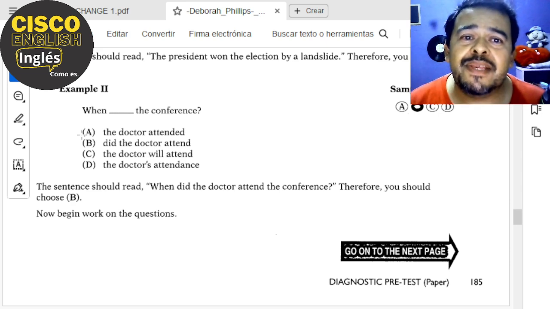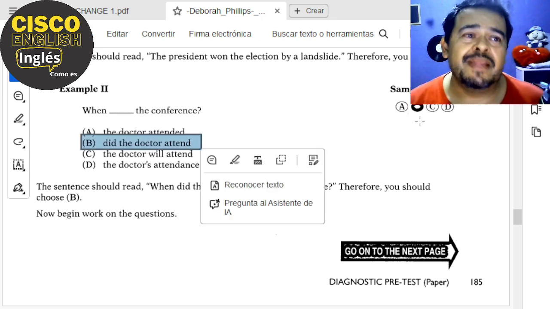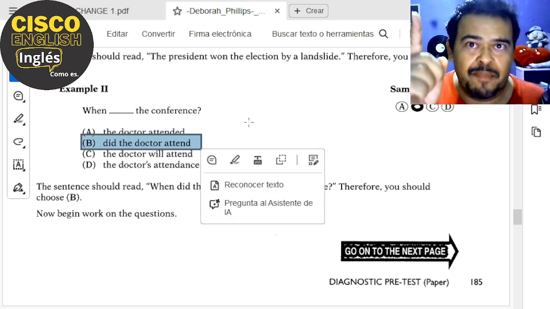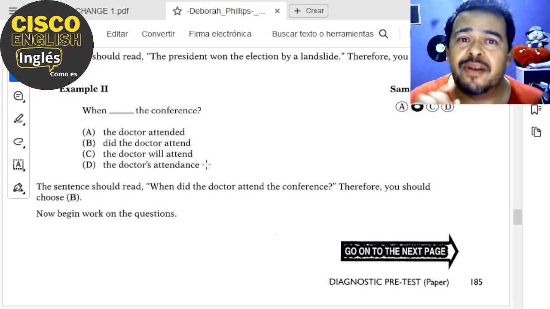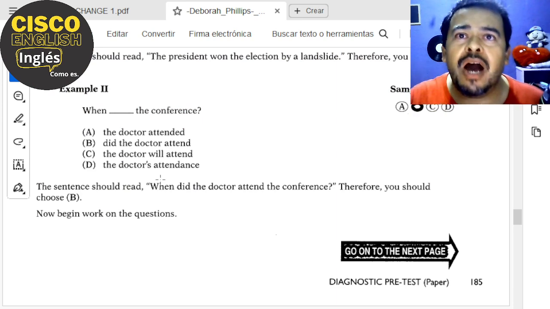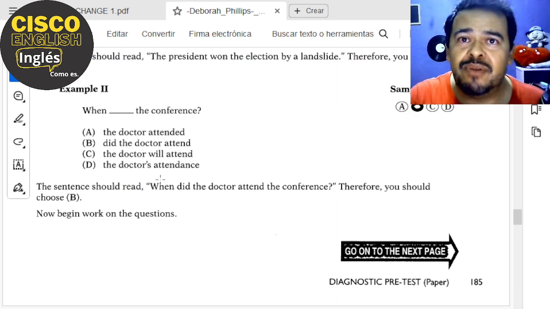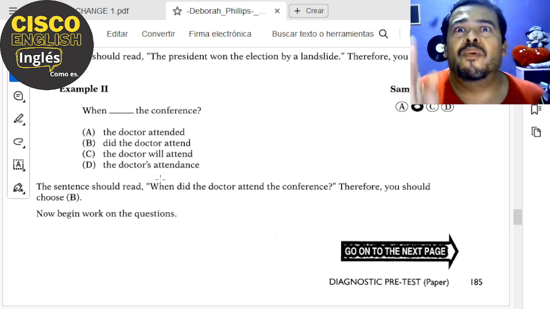So the right answer here is letter B, as indicated here. But I'm telling you why. This is the part that you have to pay attention to. The process of discriminating every option to make sure you're picking the right answer, and also being sure of why you're picking that answer, because it's not just saying A, B, C, D. You need to tell me why.